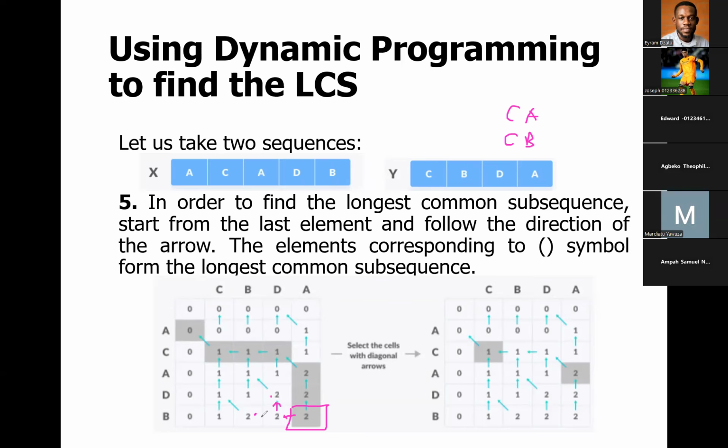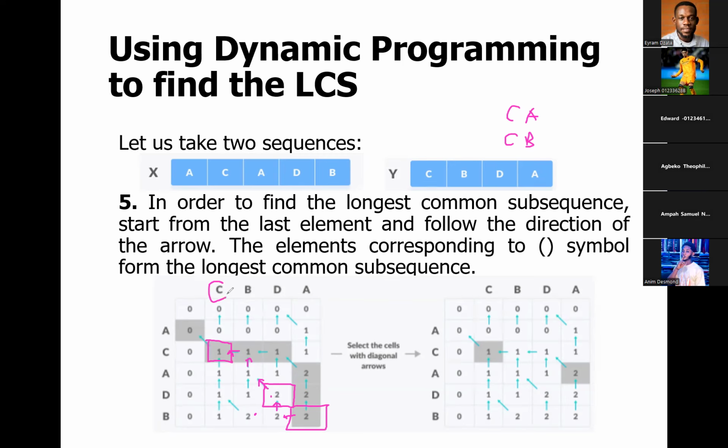For the B one, we came to the left. So he decides that he goes for this two. When he goes for this two, now we have DD. So D will now give us a diagonal because they are the same. Then when he gets here, whichever approach he decides to use, maybe to go up and then to come to the left, he will now appear in this cell, CC.